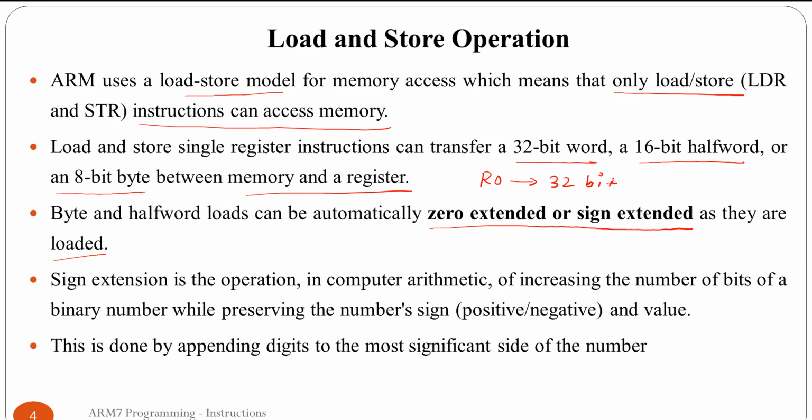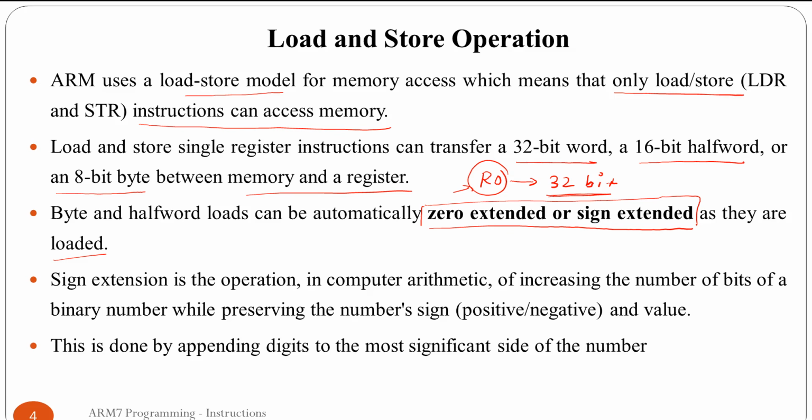What does it mean? If we take the example of the R0 register, then this R0 register can store 32 bits of data. But if we load 16 bits or 8 bits of data from the memory, then what will happen to the remaining bits of this register? For that purpose, we have this 0 extended or sign extended operation.